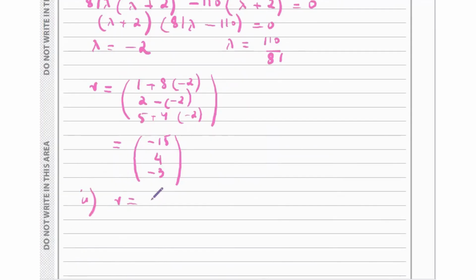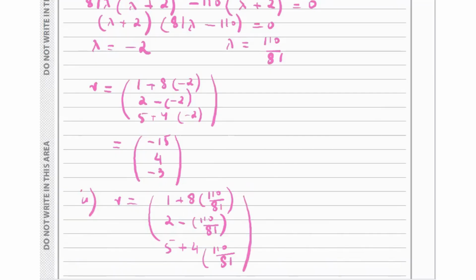So R equals 1 plus 8 times 110 divided by 81, 2 minus 110 divided by 81, and then 5 plus 4 times 110 divided by 81.